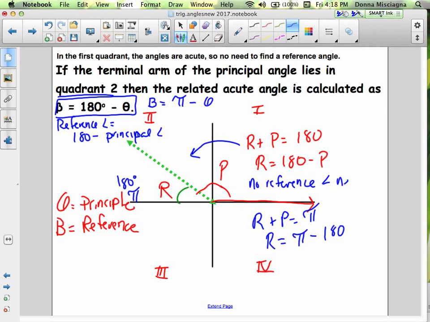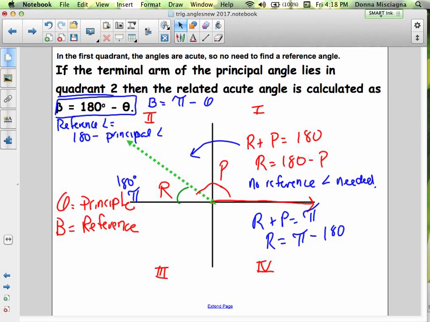No reference angle needed. In the second quadrant, my reference angle plus my principal angle is going to add to 180 degrees. Okay? So to find my reference angle, we're just going to take 180 and subtract the principal angle. So since r plus p equals 180, r, which is my reference angle, equals 180 minus p, which is my principal angle.